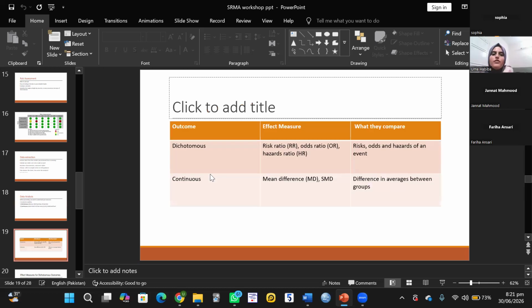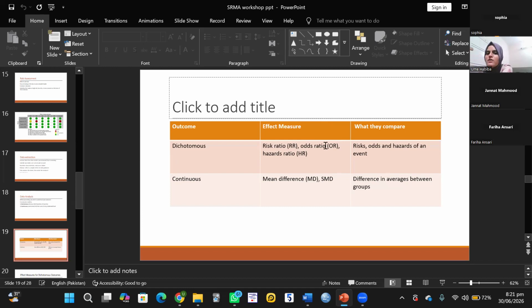Now, if your outcome is dichotomous, right, then your effect measure, meaning the measure that Revman is using to give you the results, is going to be either risk ratio, odds ratio, or hazards ratio. We'll talk about each of them, but this you need to memorize, right? Whenever it's a dichotomous outcome, the effect measure that Revman would be using would be risk ratio, odds ratio, or hazards ratio, right?